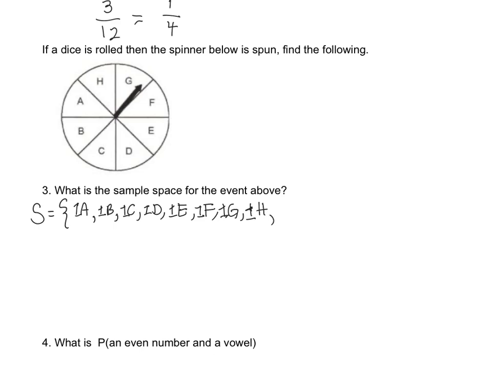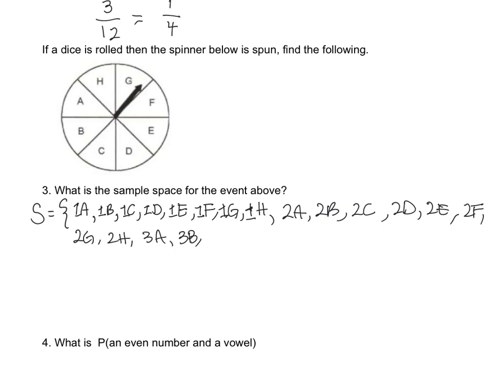So then 2A, 2B, C, so it is going to take just a little bit of time to go through and write all of the outcomes.